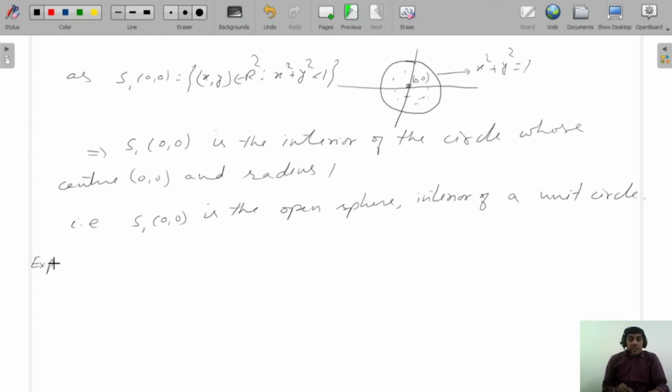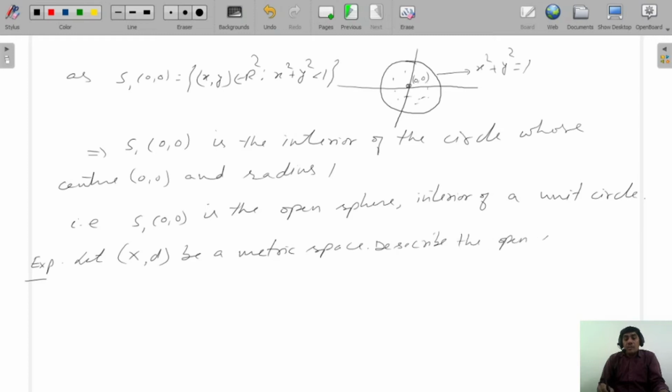Next example, let (X, d) be a metric space. Describe the open sphere for the discrete metric.